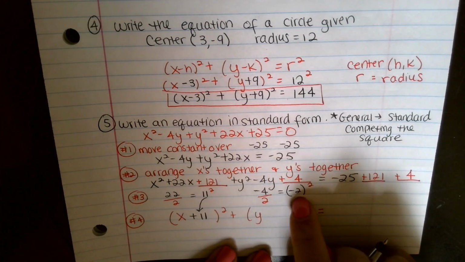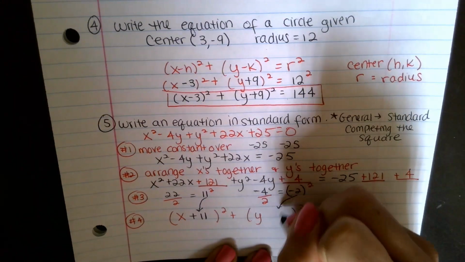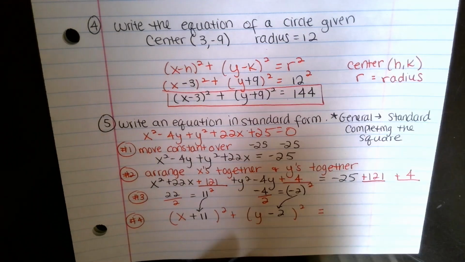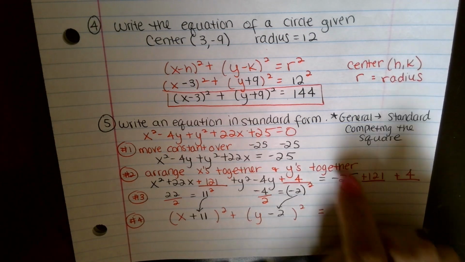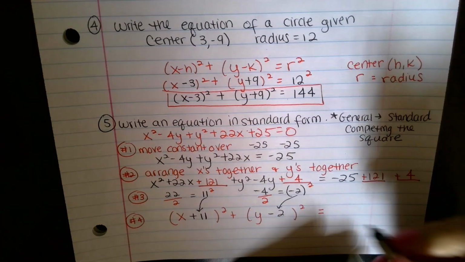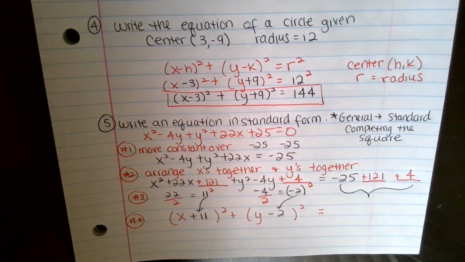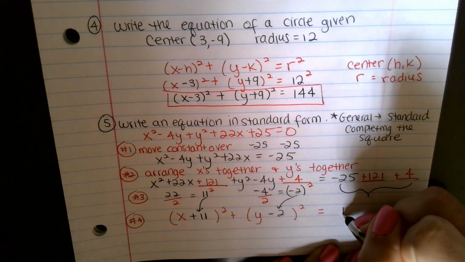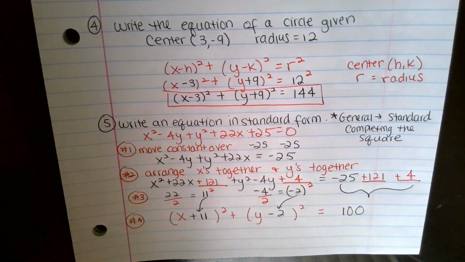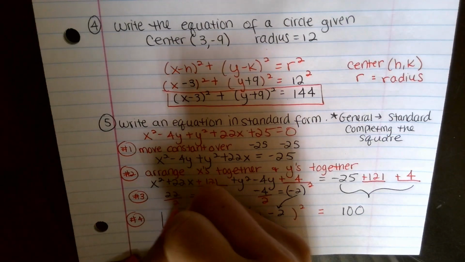Whatever I took half of, which was right here, it was -2. I need to add that negative value in, -2. Now the right hand side, it has to be a number. So all you do is combine those three numbers, you're going to add them. You get -25 plus 121 plus 4, you're going to get 100. So this is it in standard form.